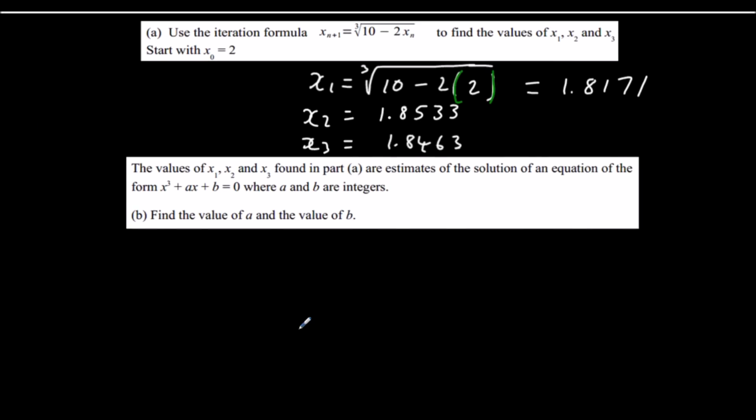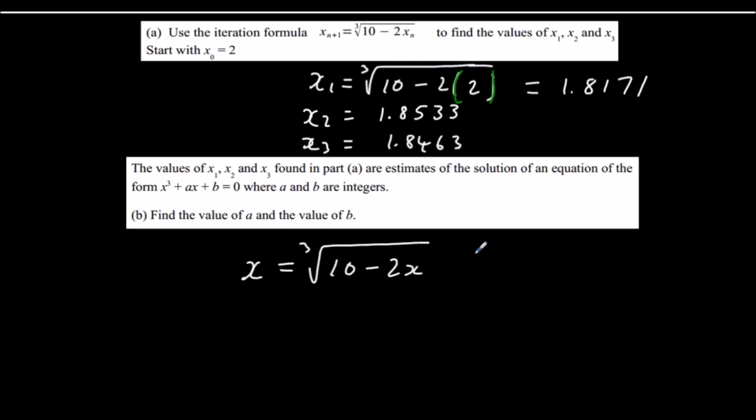The values x1, x2, and x3 are estimates of the solution of an equation of the form x cubed plus ax plus b equals 0. Find the value of a and the value of b. So what we can do is we can take our iteration formula, but get rid of these n plus 1s and n. So just write x equals the cube root of 10 minus 2x.